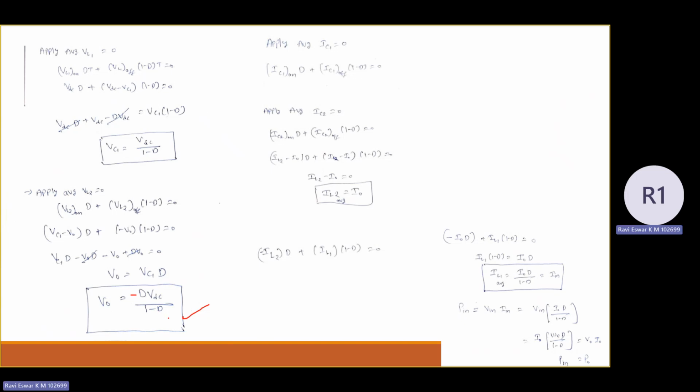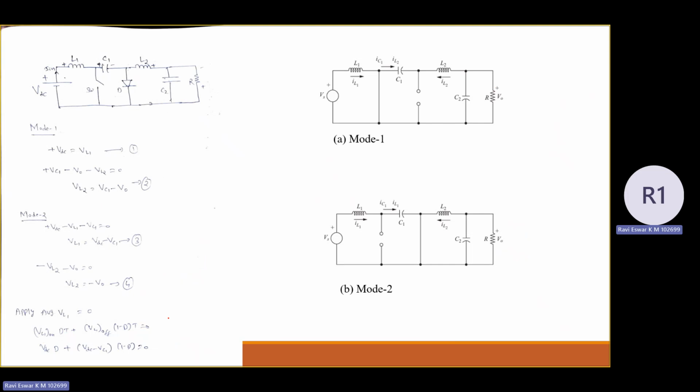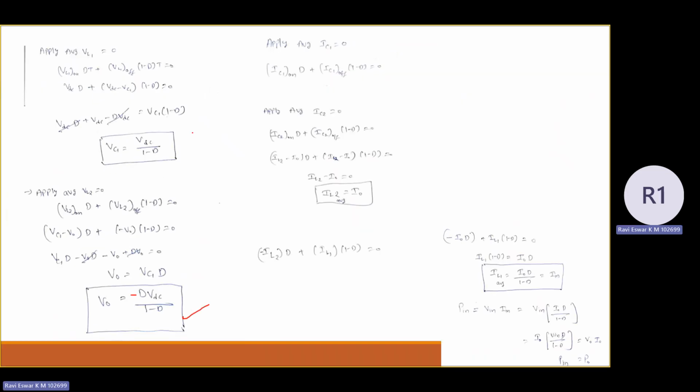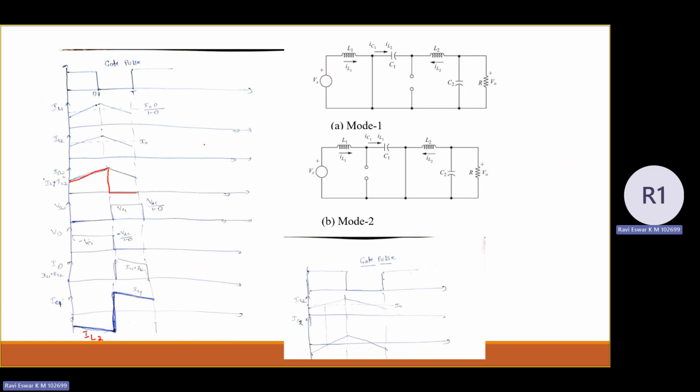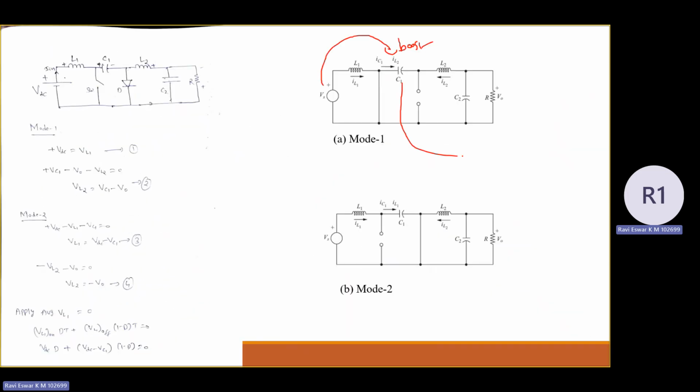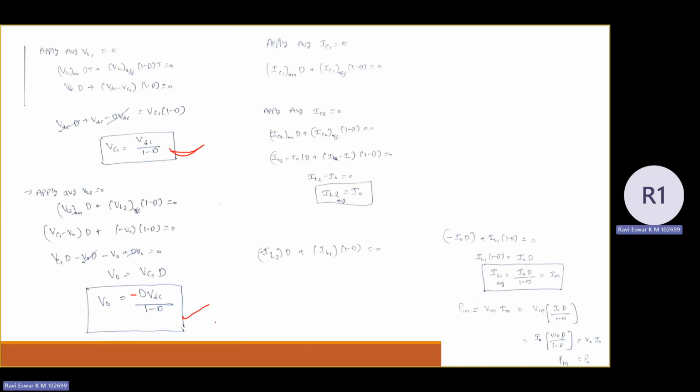Okay. And one more thing we need to see here carefully. From the supply to capacitor C1, there is a boosting action. That's what we have seen in the VC1 equation, VC1 equal to VDC by 1 minus D. There is a boosting action. And interestingly, from capacitor C1 to the load, there is a buck action from this particular equation.